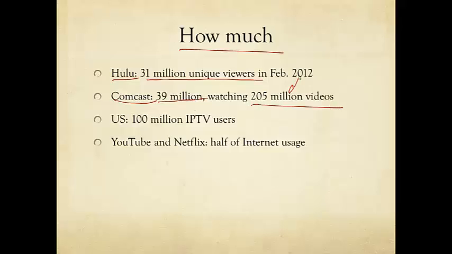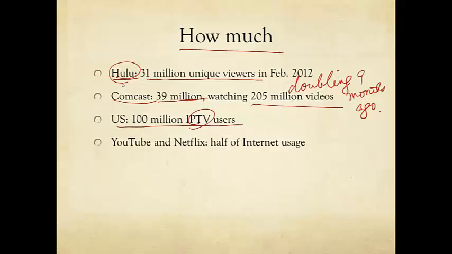And this is actually a doubling of these numbers just about 9 months ago. And in the US, there's also over 100 million IPTV users. And we will soon explain the difference between IPTV and other kinds of video delivery over the top, such as Hulu. And half of the internet capacity is used up by YouTube and Netflix traffic in America.